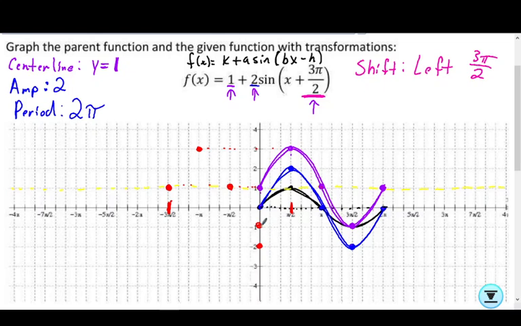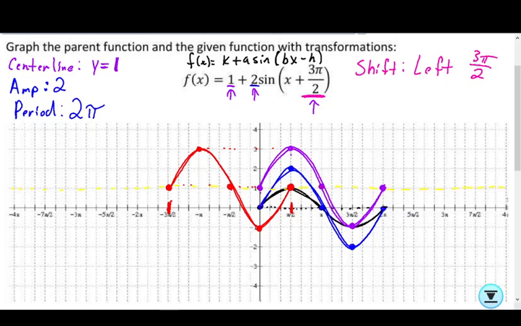Oh, no, there. Here. And then this one's going to end up right there. So here is my final transformation. I always do my final transformations in red. Now, we can double check it with what we know.